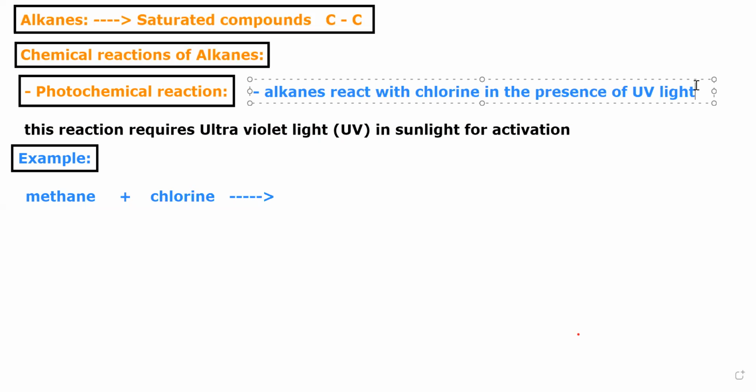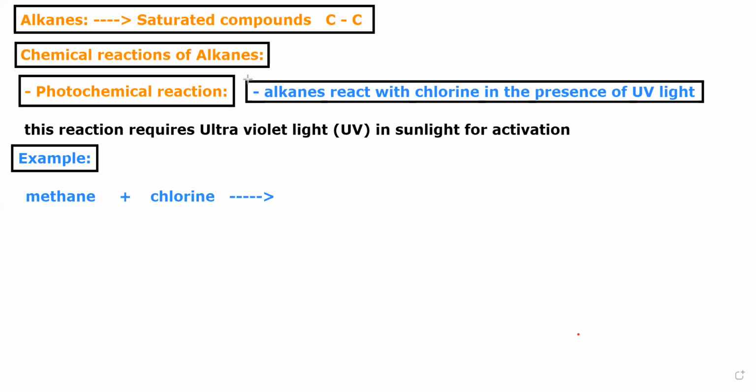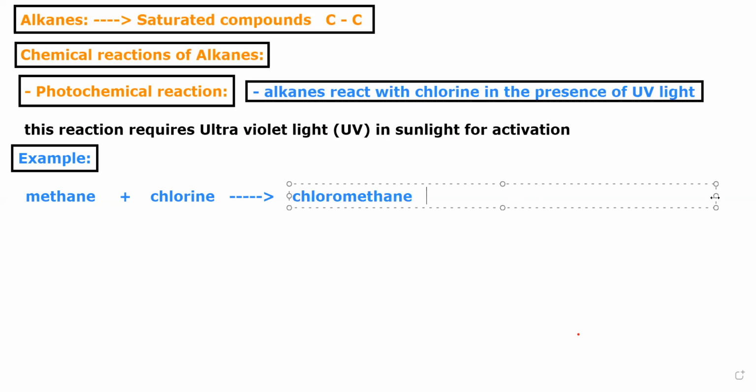So this is what we will remember now. When methane reacts with chlorine, what will be the product? Basically, it is going to form chloromethane, and there will be hydrogen chloride as well.